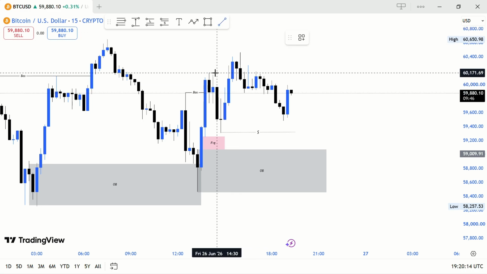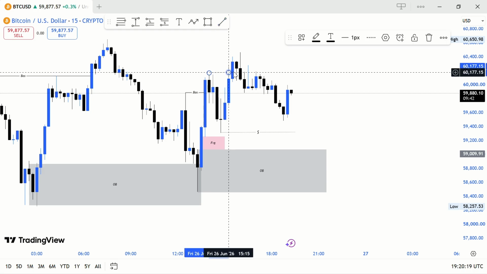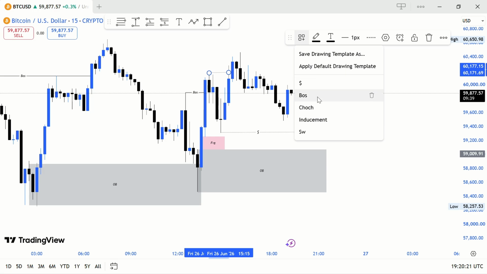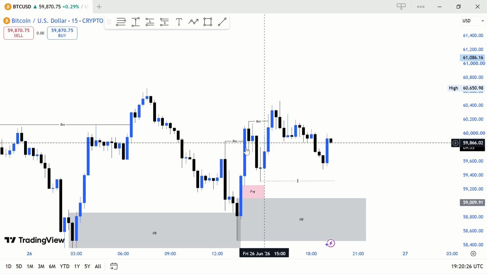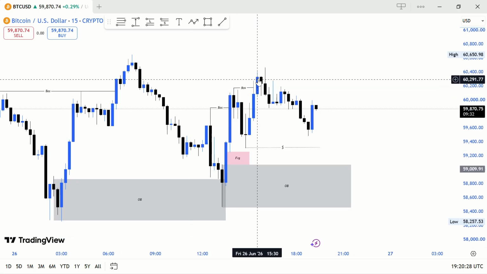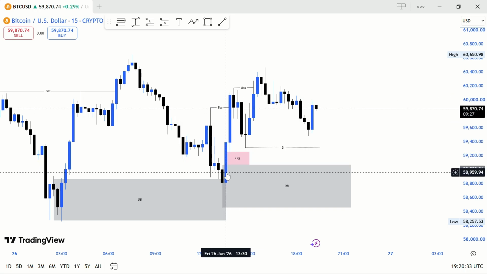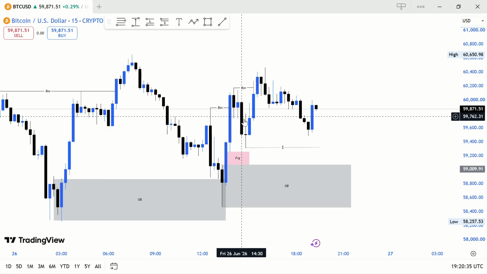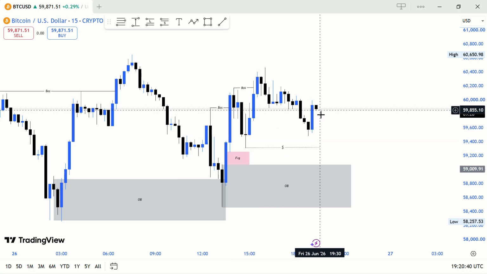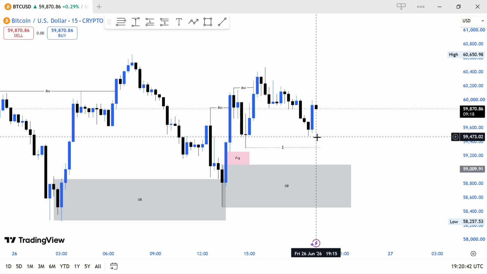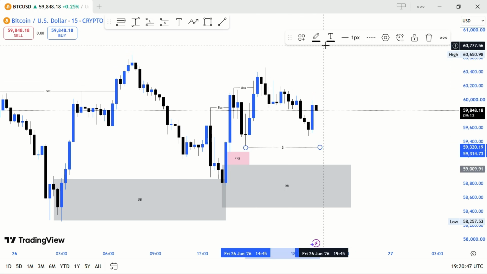From our previous videos, you will know that this should be an inducement, not just an ordinary liquidity, because we got a push to the upside, and then another push to the upside, and then we got him here before this push. Currently the market is coming towards this direction. So this is our inducement.